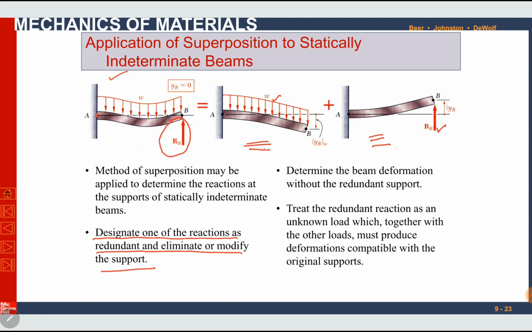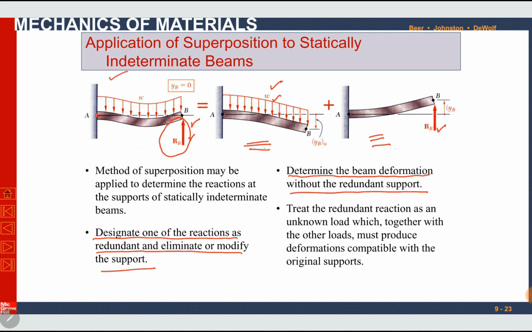Just remember, designate one of the reactions as redundant and eliminate or modify the support. Here we have designated it as the redundant reaction, and then we have eliminated it. Then determine the beam deformation without the redundant support. So in this case we may determine the deformation or slope without this redundant reaction.